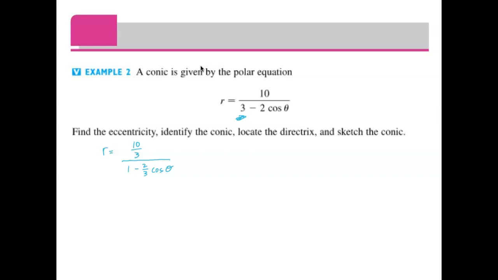All right, so at this point, we should be able to identify what E is. Anybody tell me? Yep. Which is going to tell us what type of conic we have. If E is less than 1, it's an ellipse. So this is telling us that what we have here is an ellipse, right?